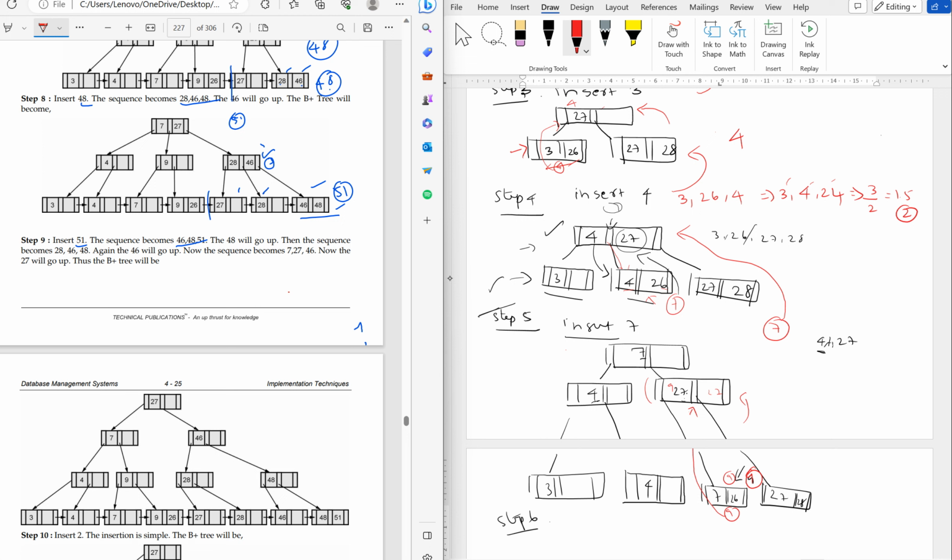So here 46 comes, and then 46 comes here. Again, we have to reorder the structure.